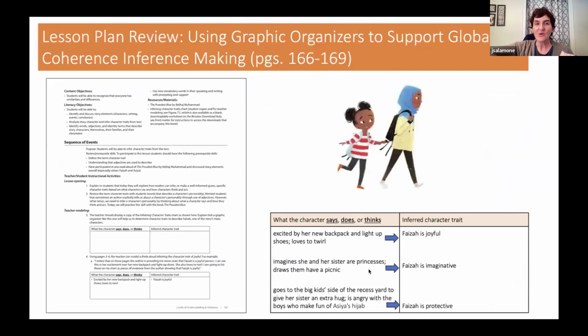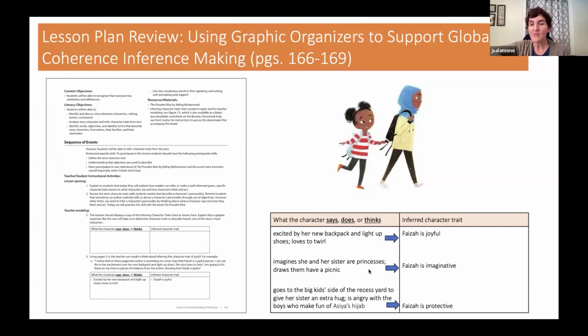All right. So the next lesson is tied to The Proudest Blue, which is such a beautiful read aloud. If you haven't had a chance to read it, highly recommend. And the first grade unit, which is all about me. This lesson really focuses on using graphic organizers to support global coherence inference making.